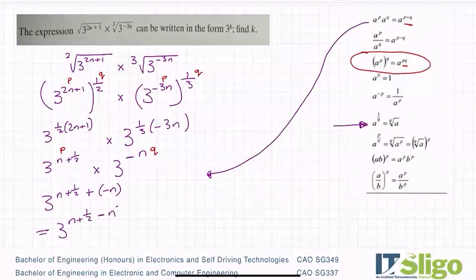So the n's cancel. So I'm left with just 3 to the power of a half. Okay, that's as simplified as it can get. Is it in the form 3 to the power of k? Yes, k is equal to a half in this case, okay? And that's how you do that one.